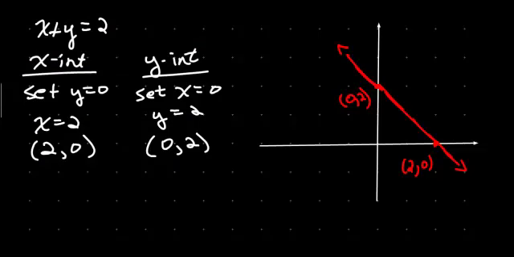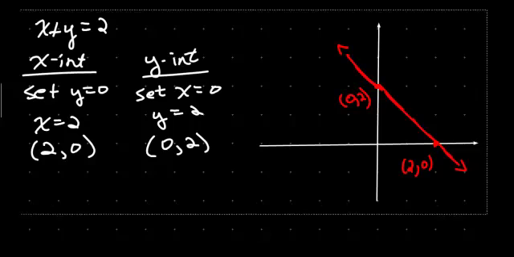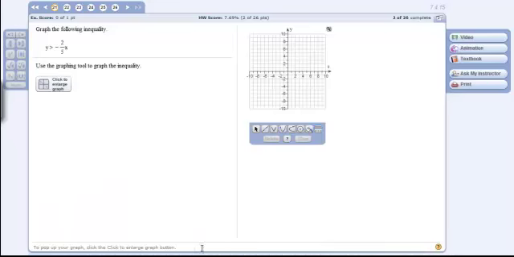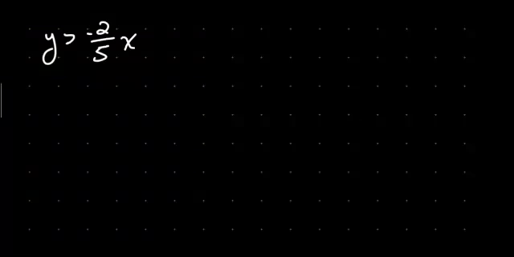So let me erase this whole page. y is bigger than negative 2/5 x. Is that the correct problem? Good. y is bigger than negative 2/5 x.